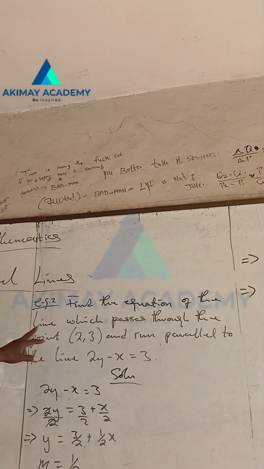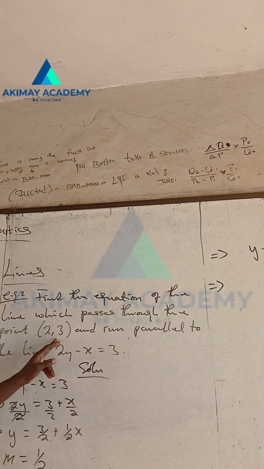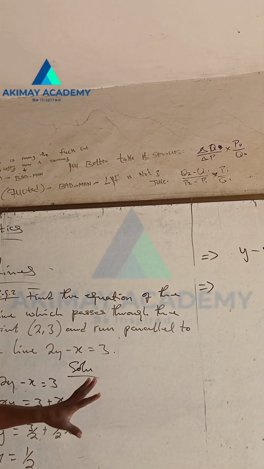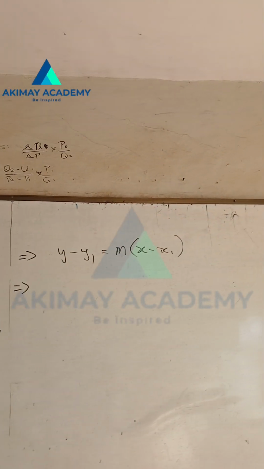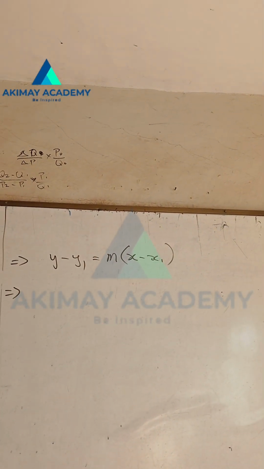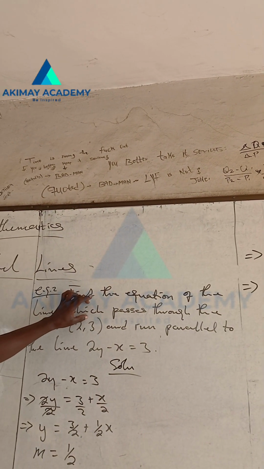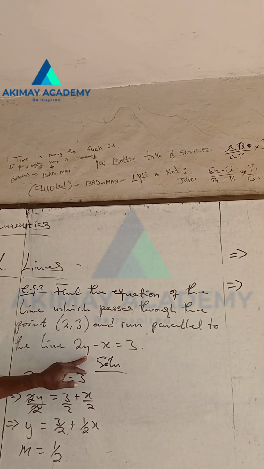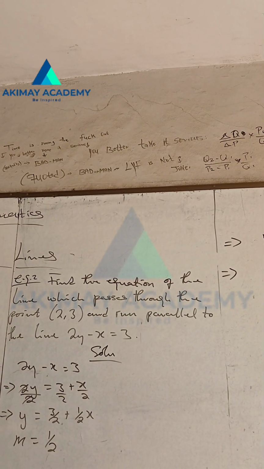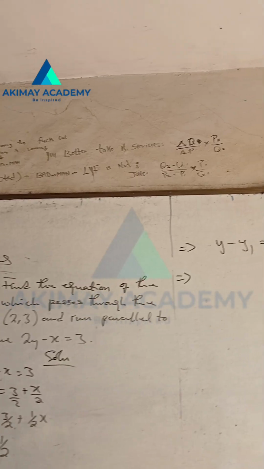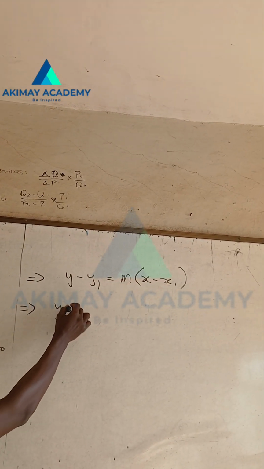Find the equation of the line which passes through the point 2, 3. So the point has been given to us, and these are representing x1, y1, as you can see over there. Our m is the gradient, but because they said this particular line is parallel to this one, our gradient is now a half, because parallel lines have the same gradient. So here we have our y1 is 3.